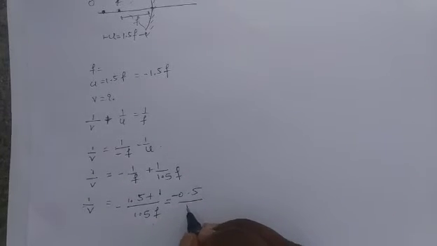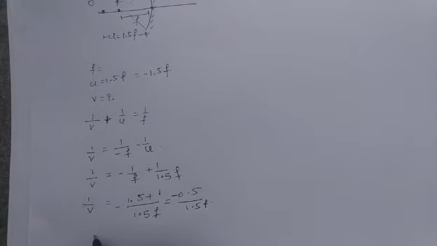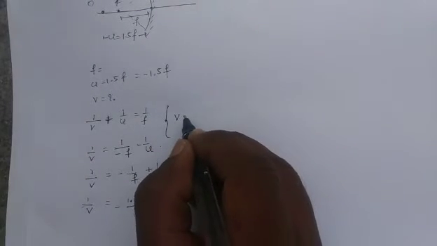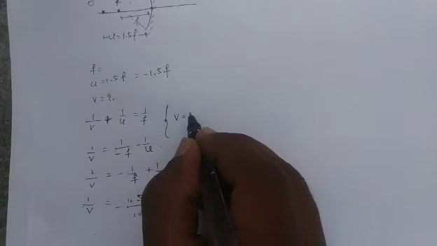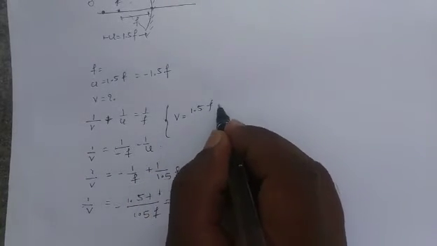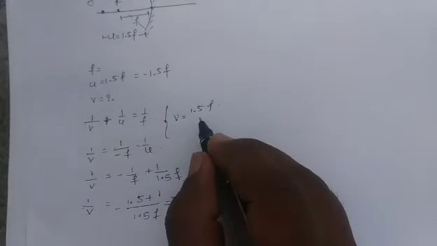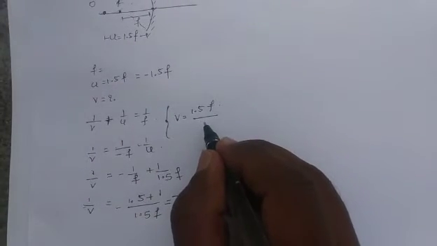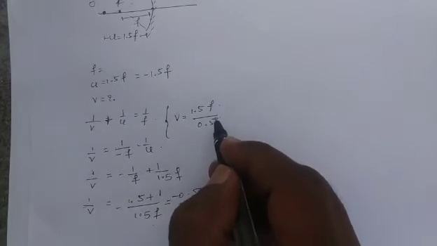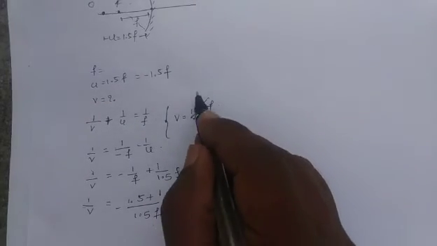Divided by 1.5 f. So v is equal to 1.5 f divided by 0.5, because of the reciprocal.